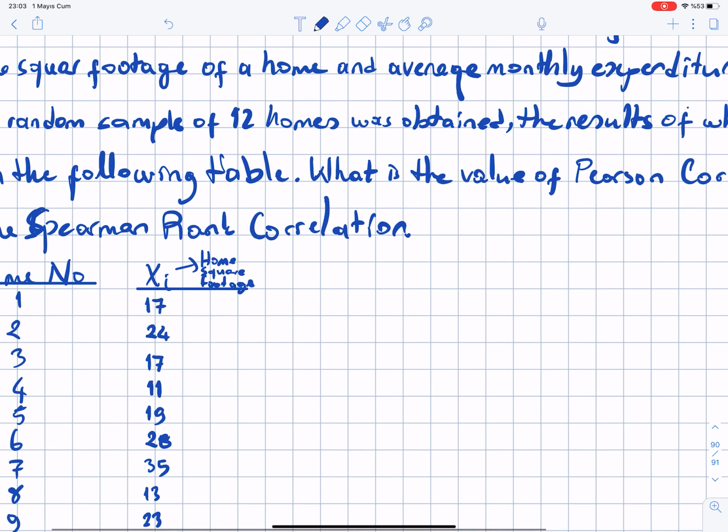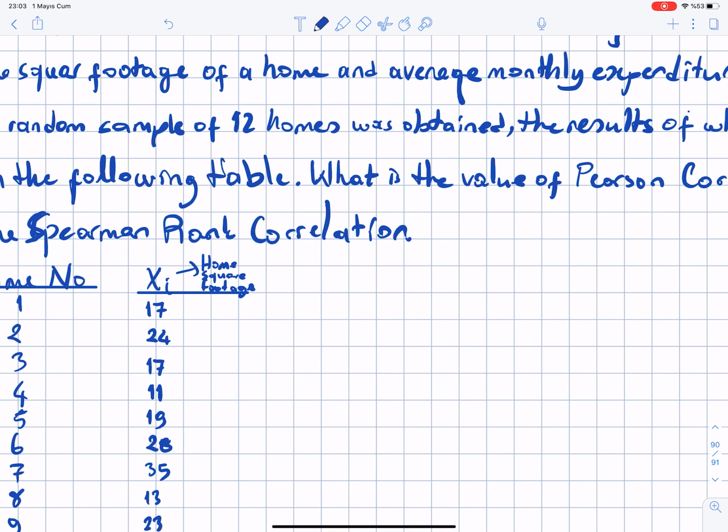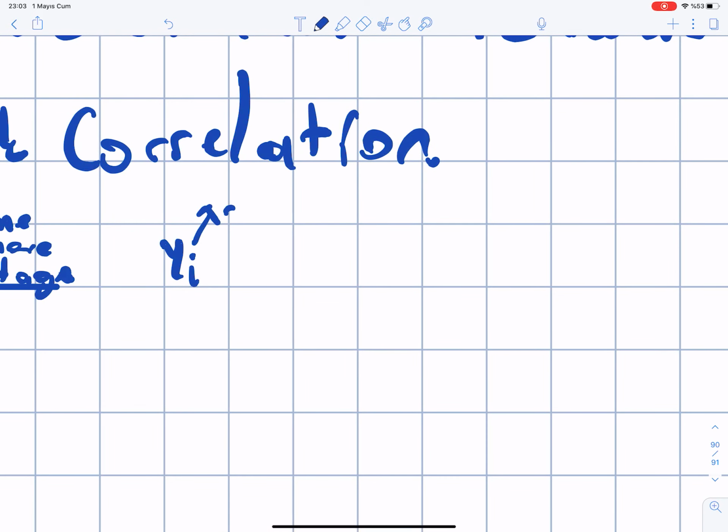And the average electricity bill for Y is in $100.